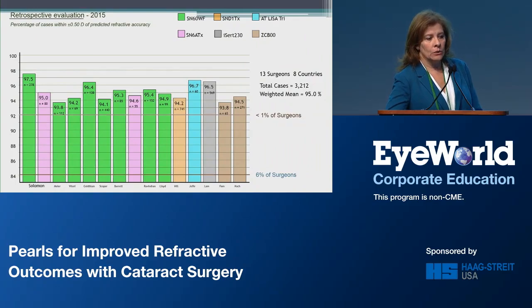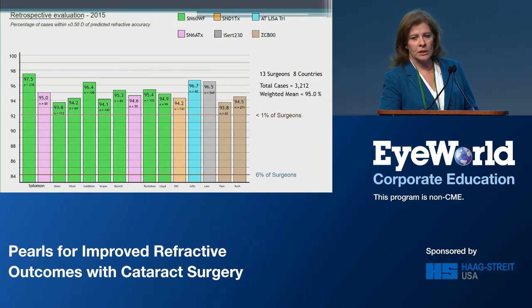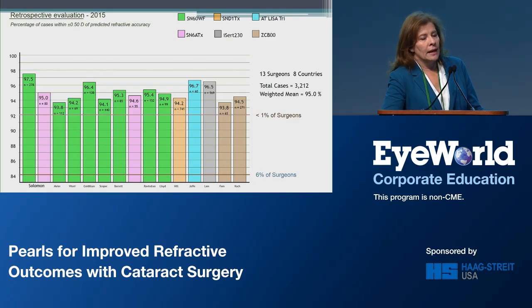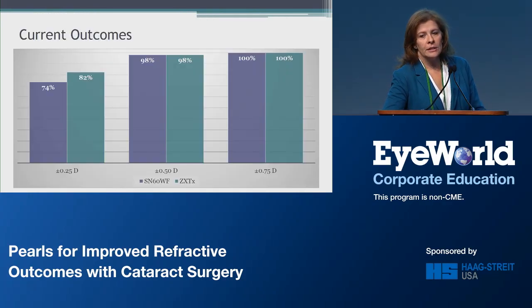Now here are the outcomes. So here we started working with Dr. Hill back in 2014, 2015. This is the results of the retrospective study that he did. And at that time, we were with the monofocal lens about 97.5% within half diopter of the target refraction, and 95% with the toric lenses. Now here is where we are 3 years later.